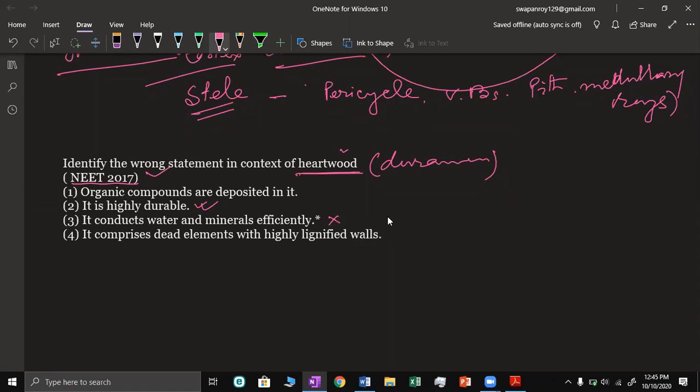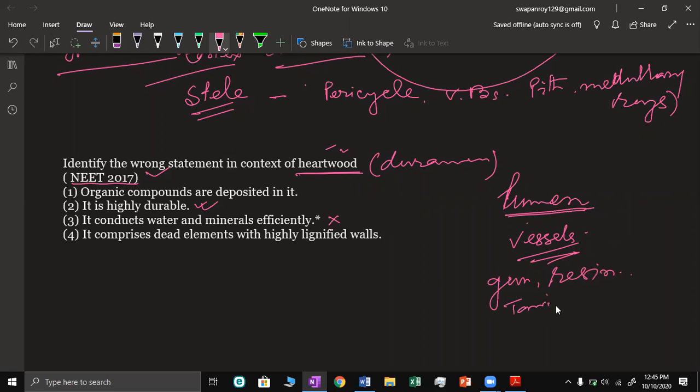It conducts water and minerals efficiently. This statement is wrong for the heartwood, because in heartwood the lumens are blocked. That is the inner cavity of the vessels. Okay, they are blocked by gums, resin, tannin, and the tyloses.